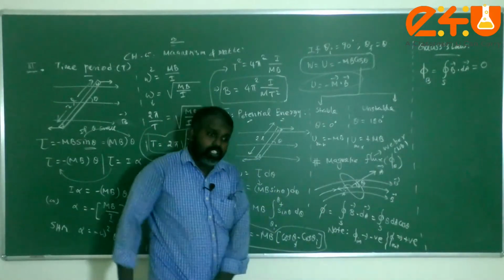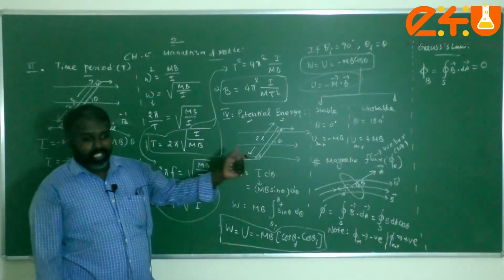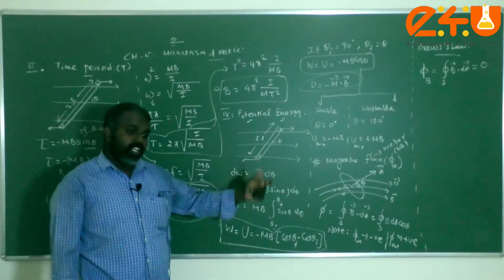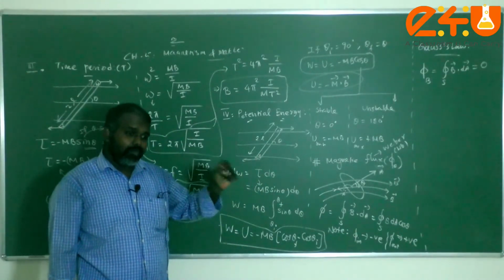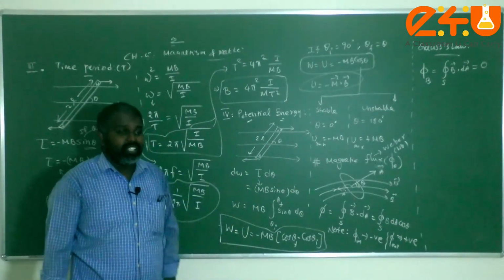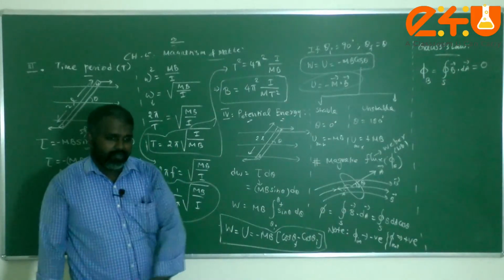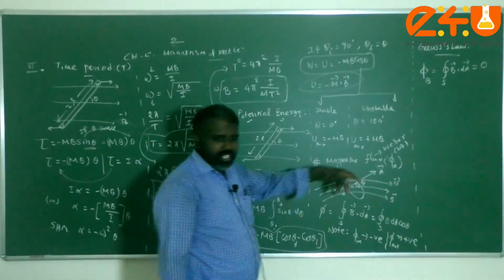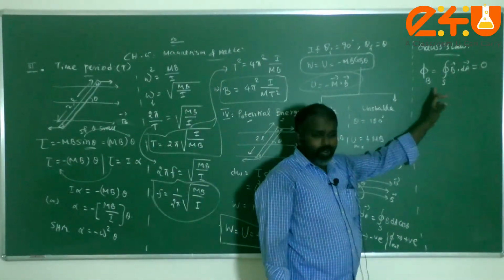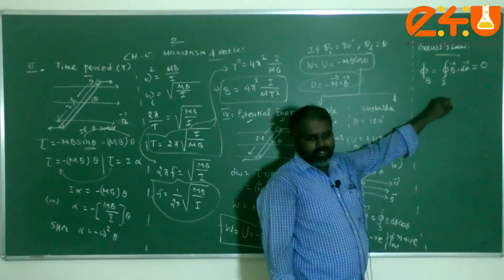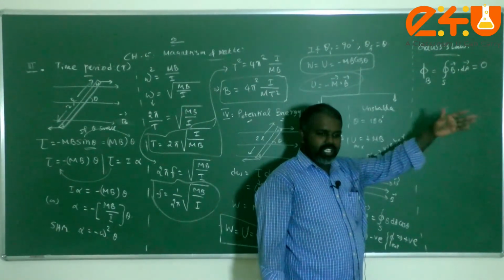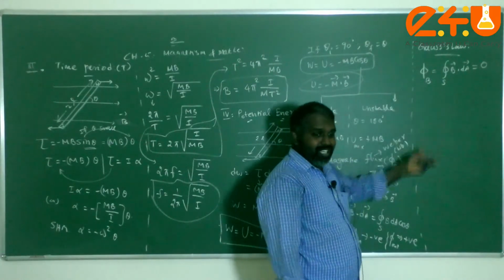But in electrostatics we said that the total electric flux is equal to 1 by epsilon naught times the net charge enclosed by the Gaussian surface. But here there is a slight modification, because we are getting this type of result compared to electrostatics, where there will be a non-zero answer.